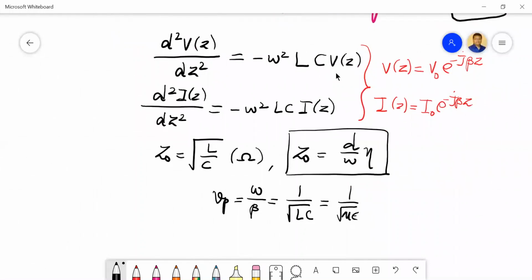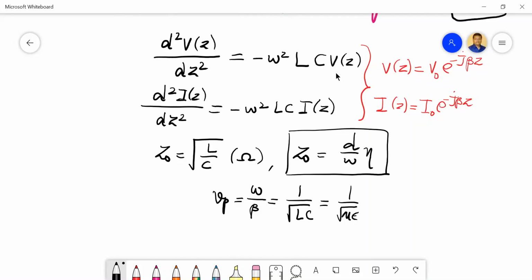Then what we have seen is that having solutions like this, we can also fix its characteristic impedance, which comes out as square root of L by C. And finally we wrote the things in terms of the geometrical dimensions of the parallel plate transmission line, which is Z0 equal to d by w into eta, where eta is the intrinsic impedance.